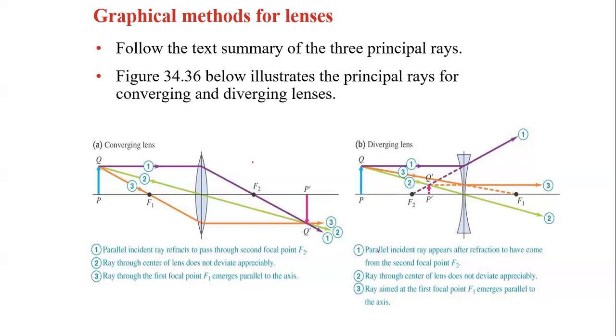The third one is for the diverging lens, the double concave, versus double convex. We have a parallel incident ray that appears after refraction to have come from the focal point F2. Why is it F1 here? Is this F2?